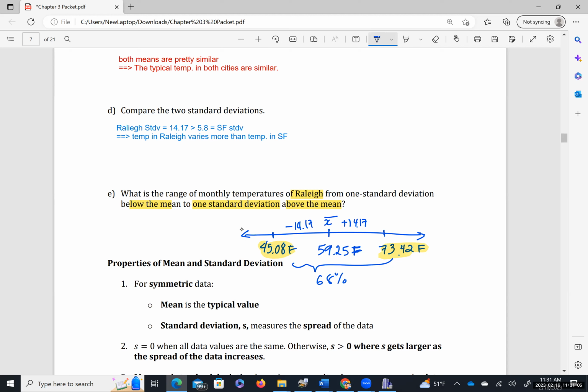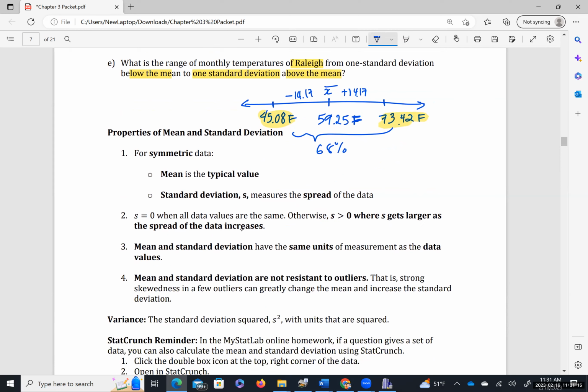Let's move to some properties of mean and standard deviation. For symmetric data, the mean is the typical value, really. And the standard deviation, S here, measures the spread of the data.